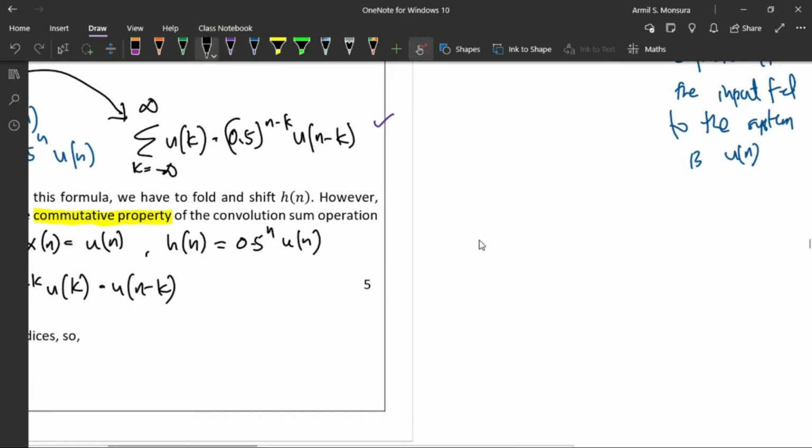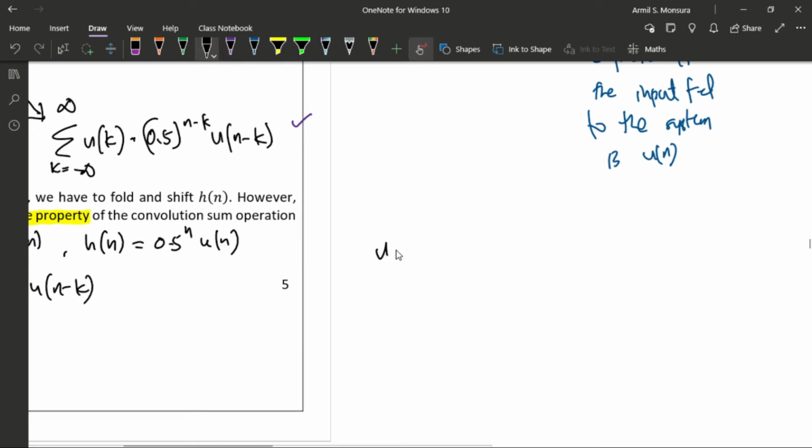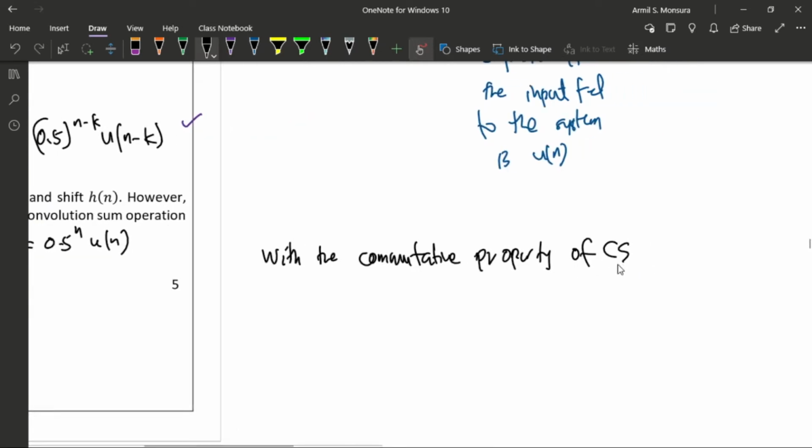Pwede nyo using the commutative property of the convolution sum.